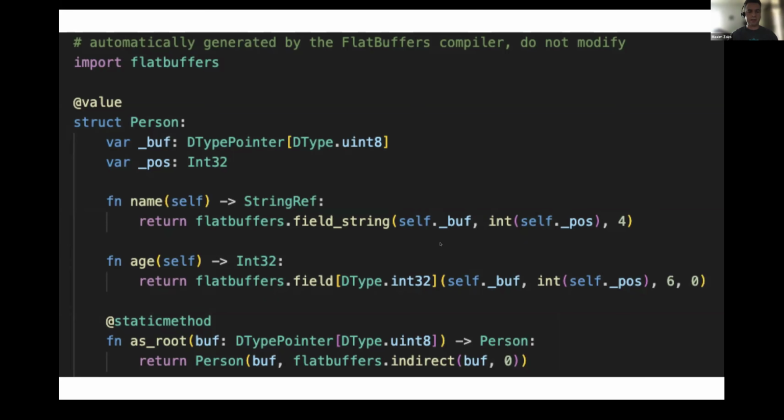But again, the default way of using FlatBuffers is through these structs, which are just pointers, and which are able to load data at runtime. And as you can see here, we have a static method. We say, okay, this Person, give me this one as root, and you just give me a buffer, and then I will give you a Person.